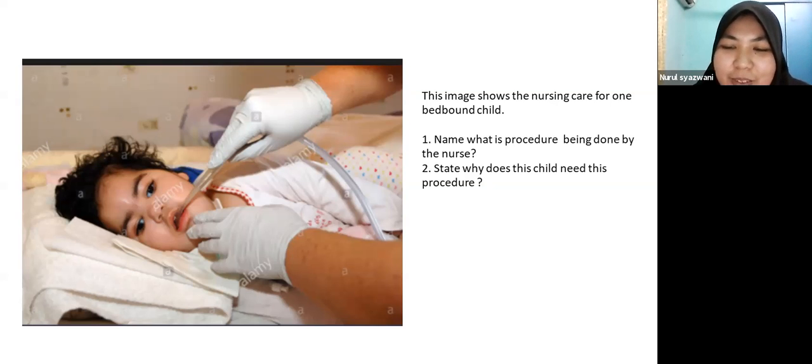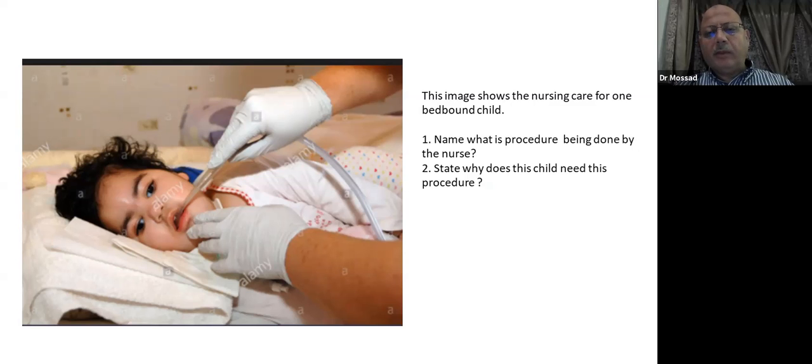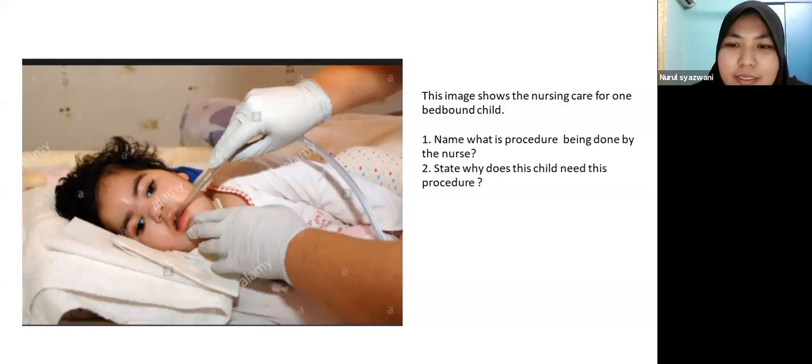Already answered the second one, right? Okay. So the procedure is named oral suction. Why does this child need the procedure? Maybe this child has bulbar problem, bulbar palsy, and this is to prevent aspiration pneumonia. It's very important to consider pseudobulbar palsy. Okay, is it the last slide? That's all. Okay, that's fine.